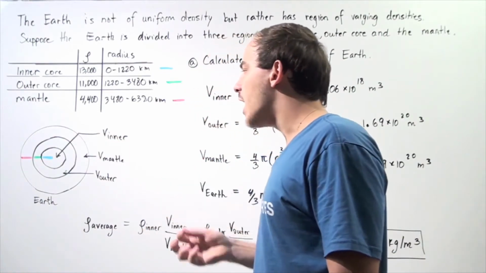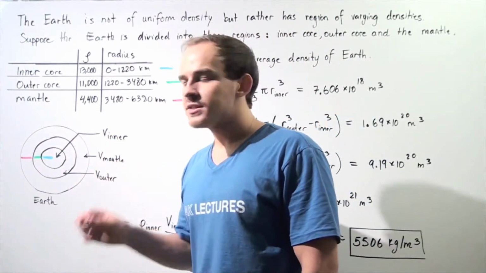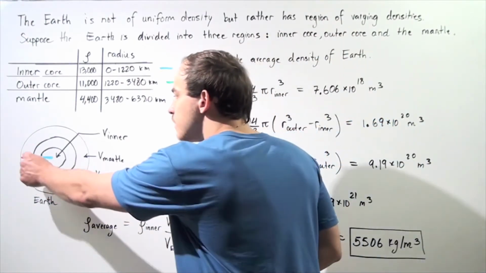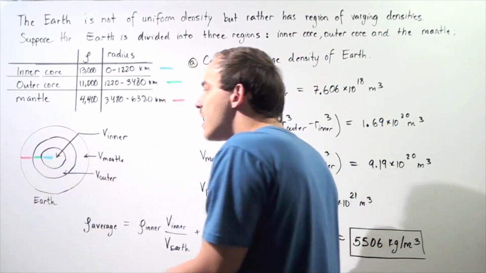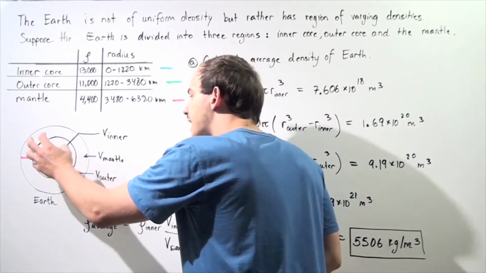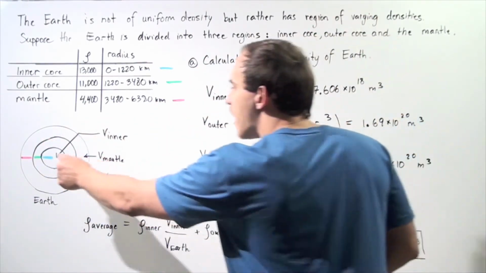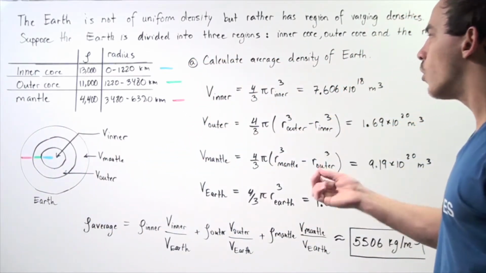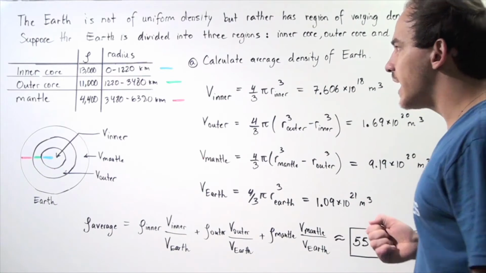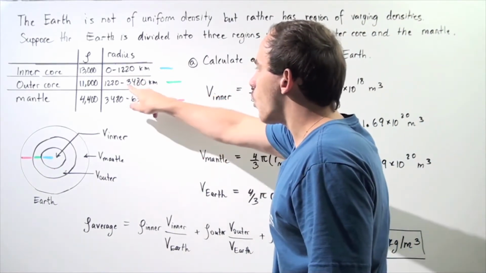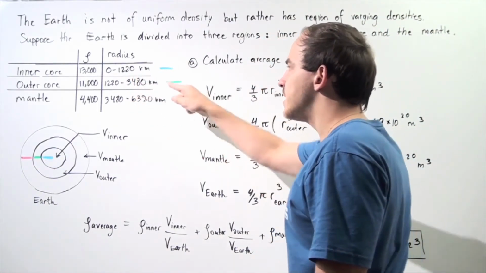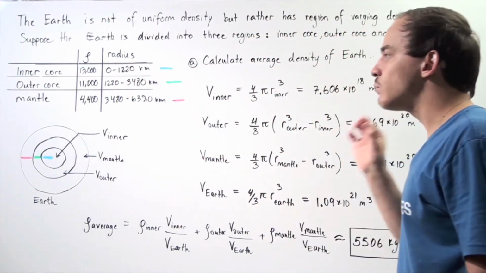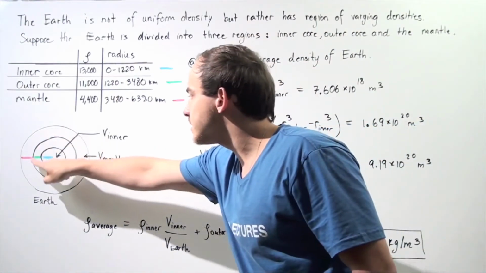Now what about the volume of our outer core? To find the volume of the outer core, we have to find the volume of this entire sphere and then subtract the volume of the inner core. So to find the volume of this entire sphere, we simply take our formula 4/3 pi multiplied by 3,480 times 1,000, because we want to convert that to meters, and cube that, and that will give us the volume of this entire sphere.